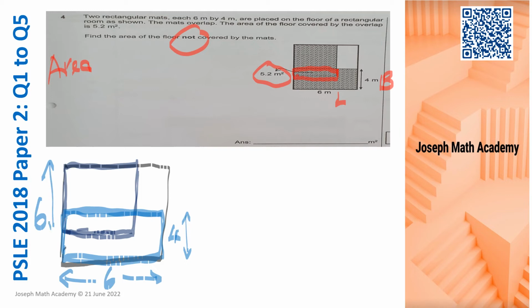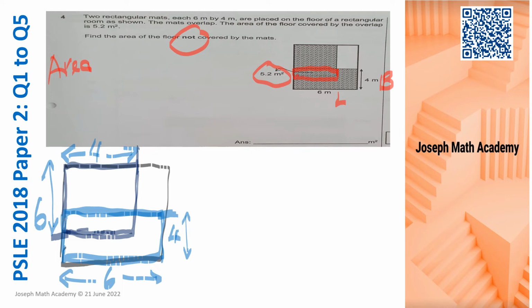And this is 4. Okay. I hope it's clear to you. 6 ends here. 4 ends here. And then this 4 ends here. And this is very clear cut. It's the whole thing.